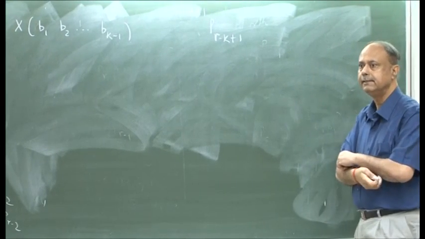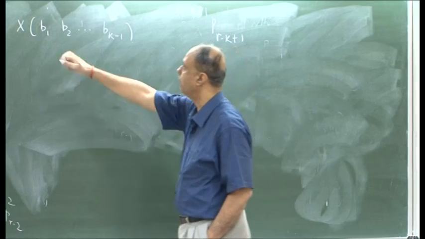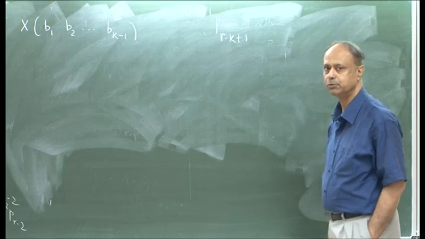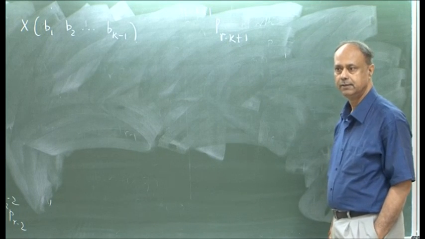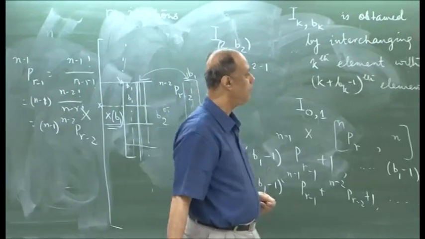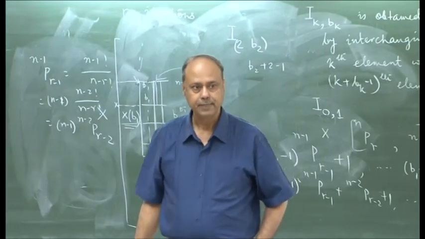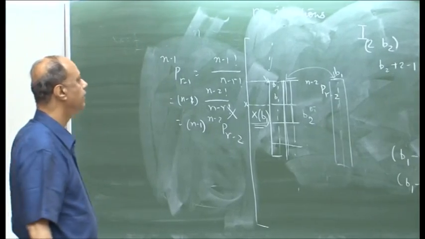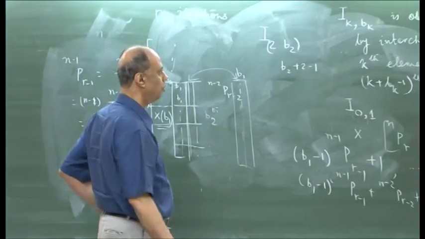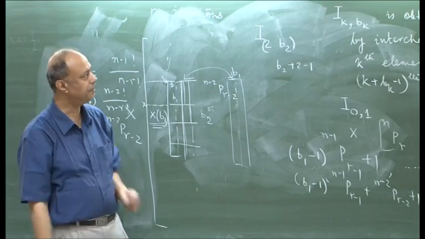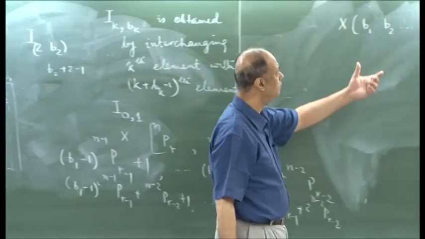When only B1 was there, it was what? N minus 1, PR minus 1. Right? When only B1, it was N minus 1, PR minus 1. When B1, B2, it is N minus 2, PR minus 1. Now, when I have a set of rows where you have performed the operation B1 or B2, B3, what is the logical meaning of this?